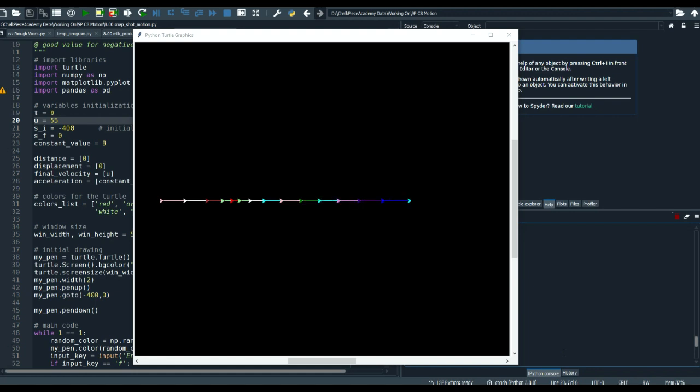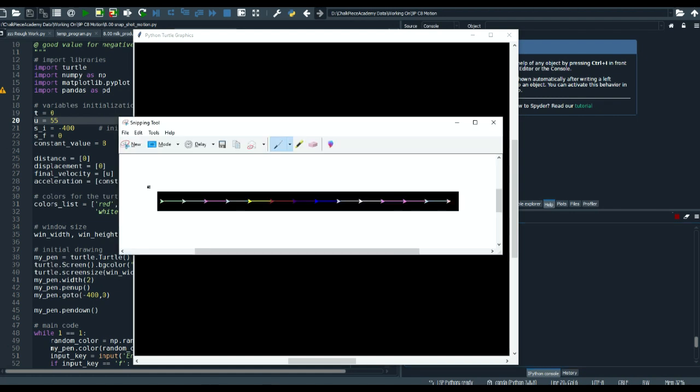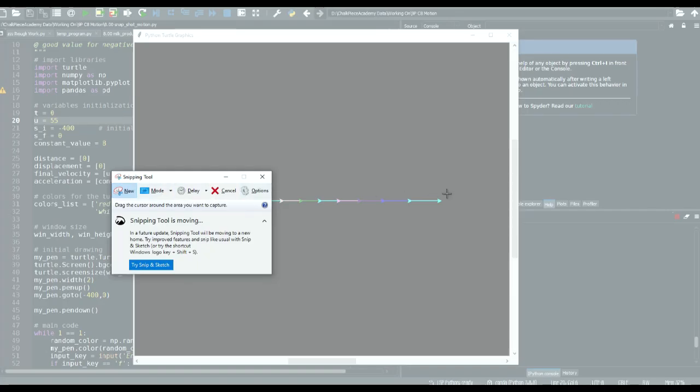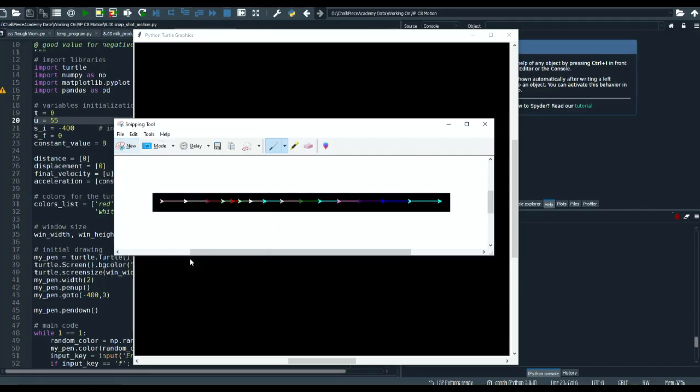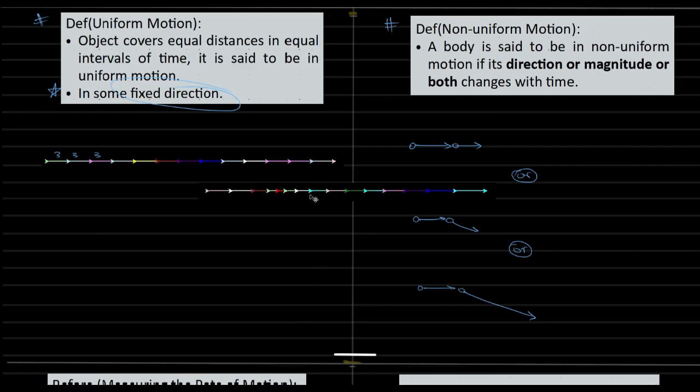Here again I'm increasing. So you can see this is said to be non-uniform. I'm not changing direction. I have not coded it to change direction. We can code it, it's not a big deal, but anyway, the entire chapter is to do with linear motion. We just go forward, if not backward. There's no other motion that we are looking at. So you can clearly see it is non-uniform. And the graph also tells the same.